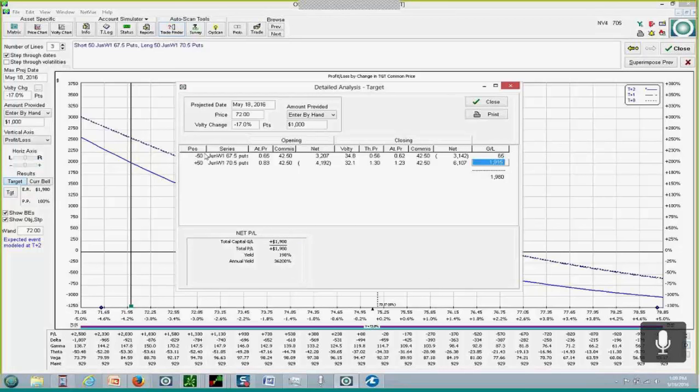Now, watch this. This is 50-50, right? June week 1, 67.50 and the 70.50s. Okay?